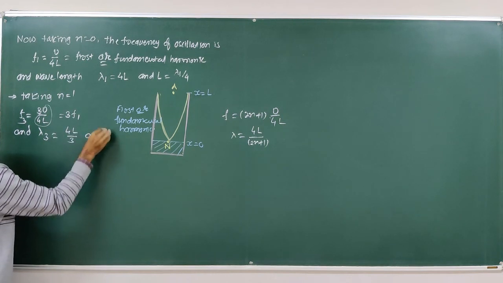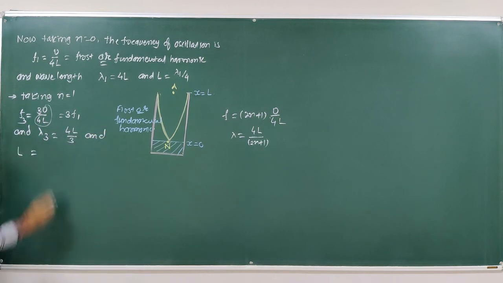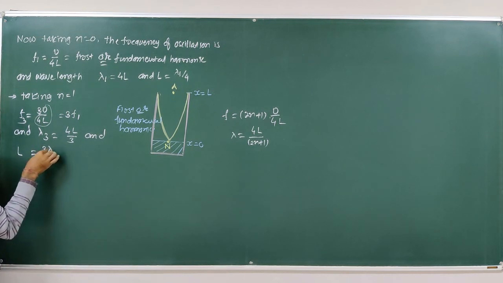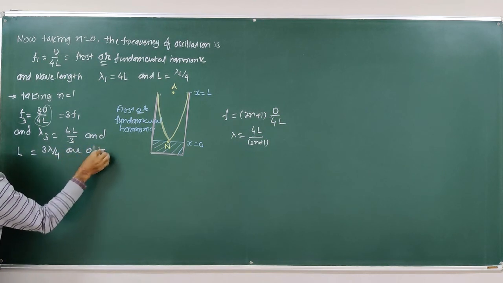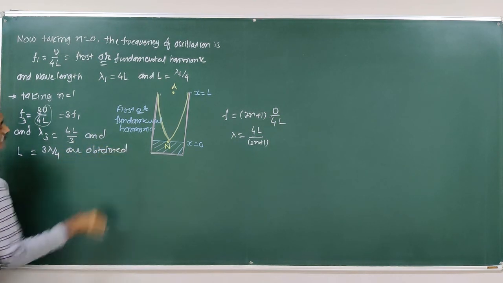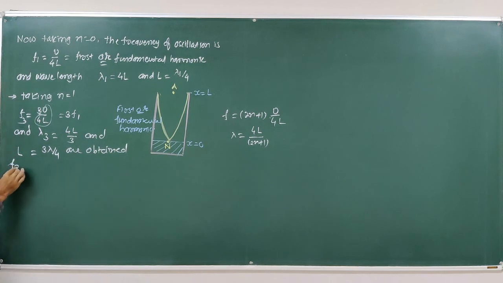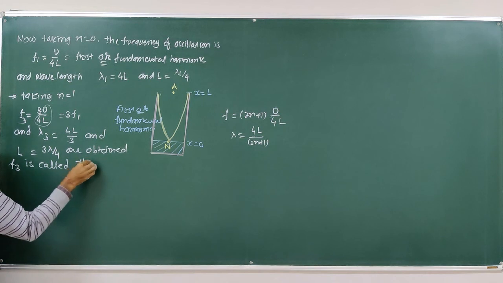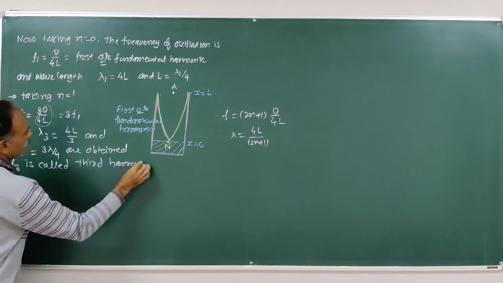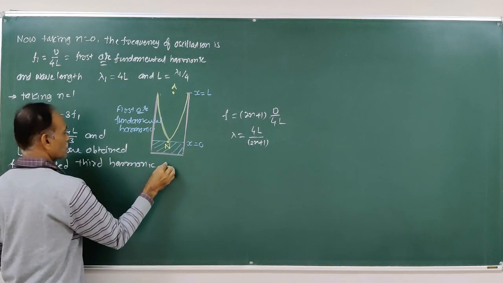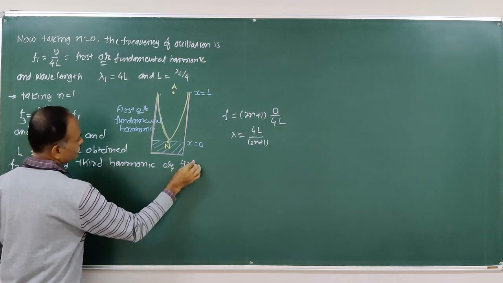And length L is equal to 3 lambda by 4. F3 is called the third harmonic or first overtone.